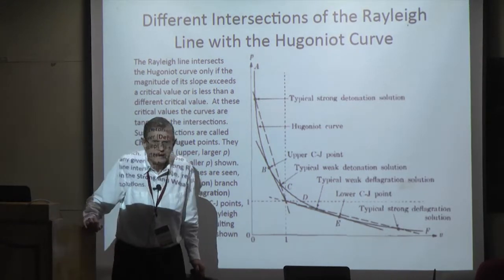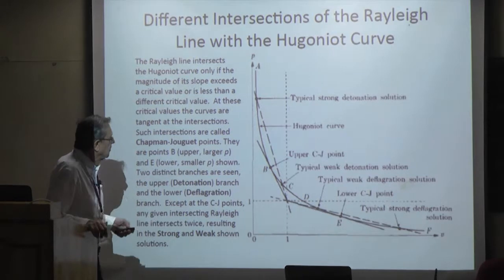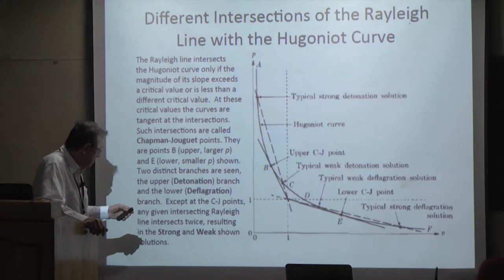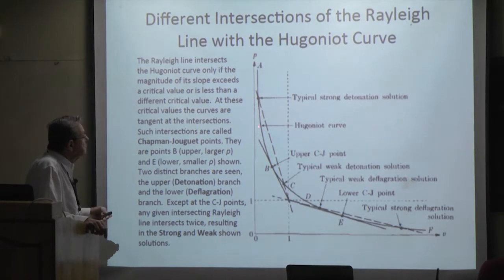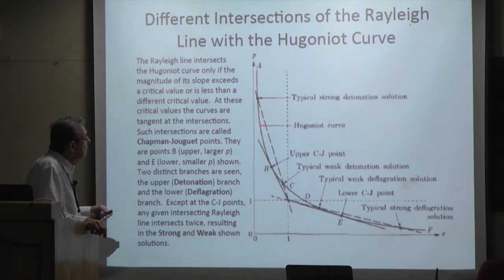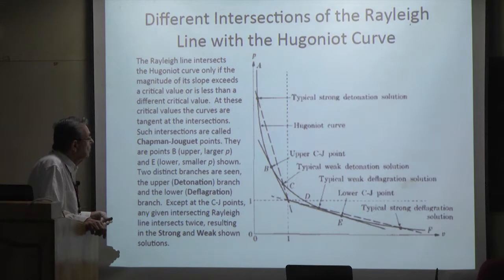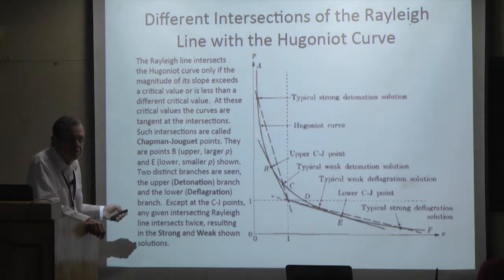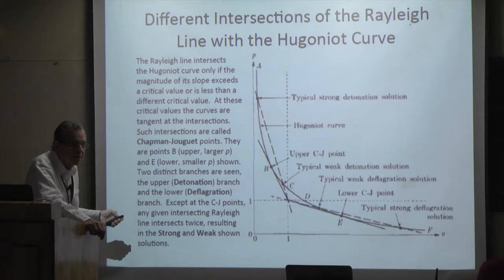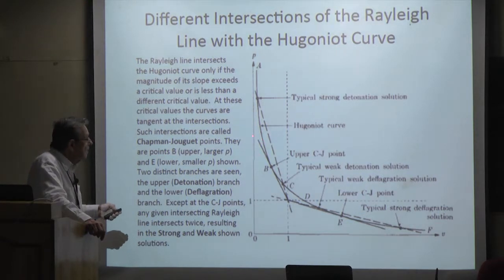What do you mean by strong and weak detonation zones, or what physical significance do they have? To see how different they are and when they can occur, we need to look at the possible structures of the detonation. Okay, and we'll look at that.